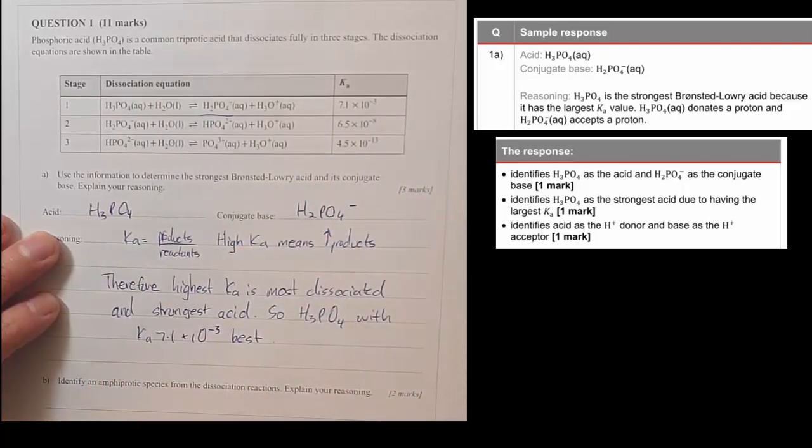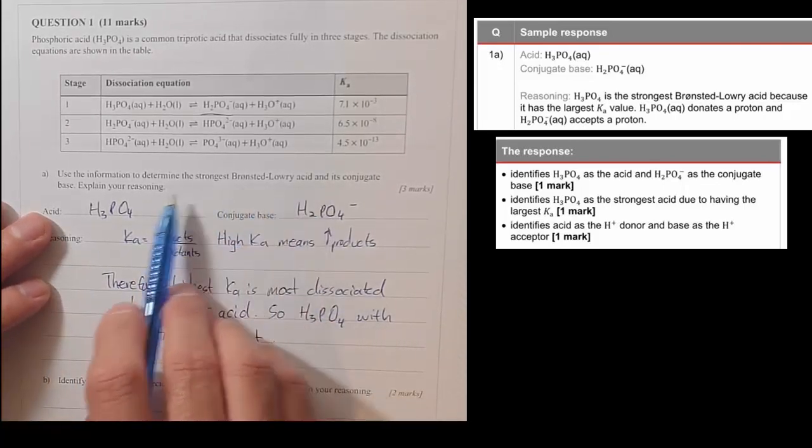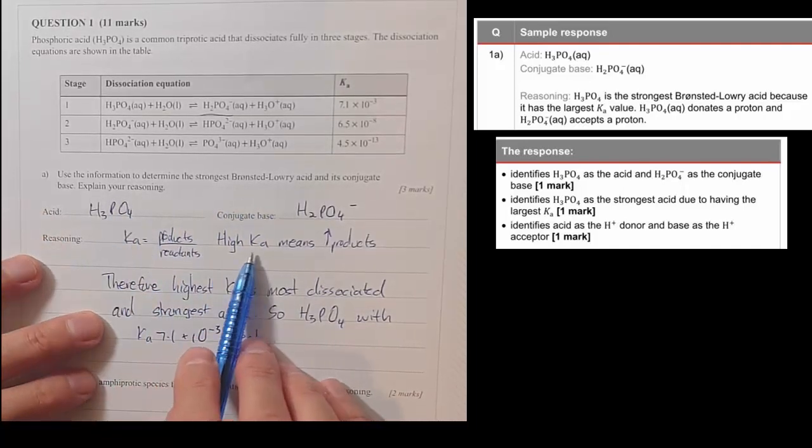Okay, I'll just check the mark scheme here. Largest Ka. I didn't say identify as a proton donor and the proton acceptor. Use information in terms of strongest and explain your reasoning.